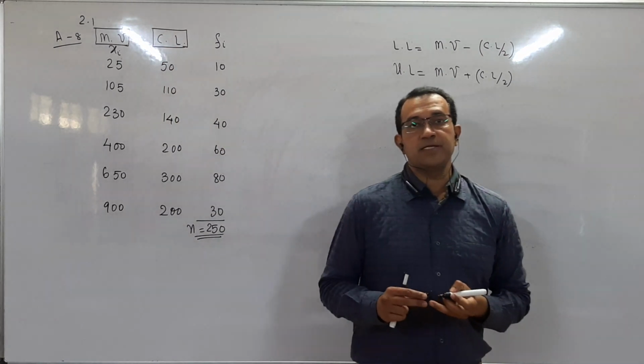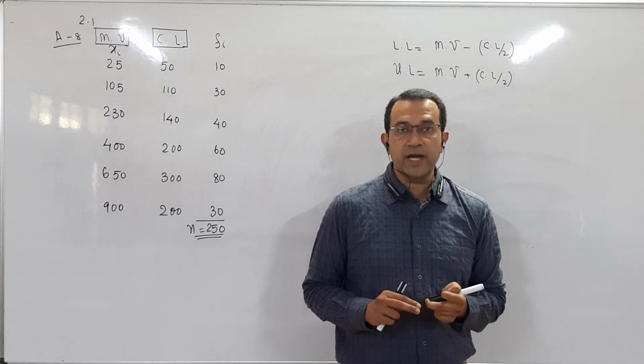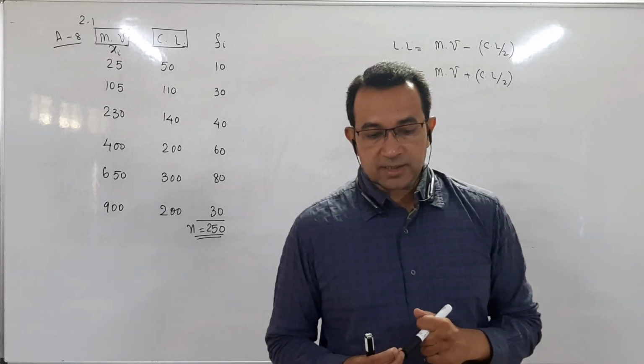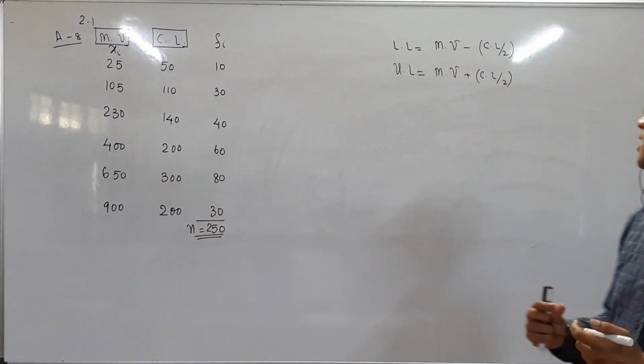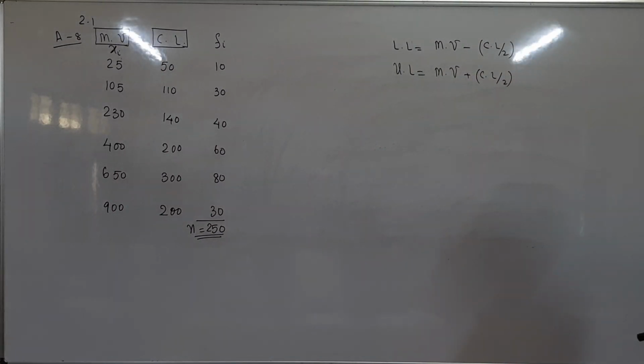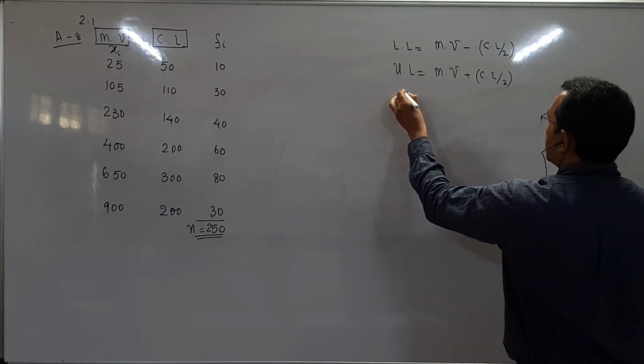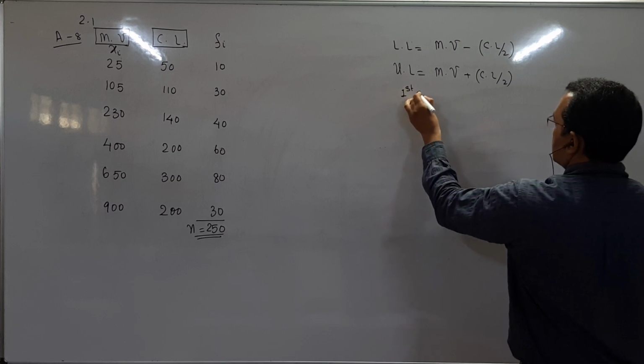Now let us operate for the first class. The mid value is given as 25, class length is given as 50. So I am showing the calculation for the first class.